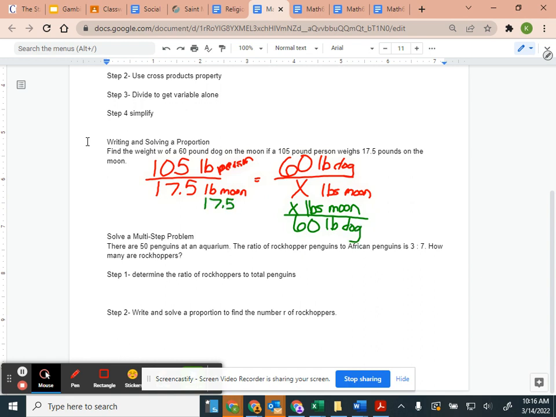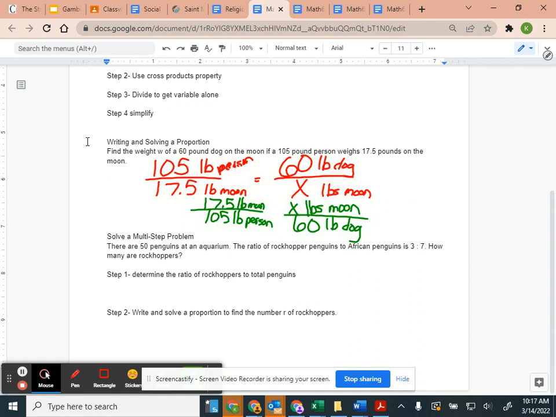So 17.5 pounds on the moon over 105-pound person. So now my X is already on the top. So when I set up my problem, I want to set it up with that X on the top. I can flip them, no problem. It just makes it easier to solve it. So I can flip it so my X is on top.